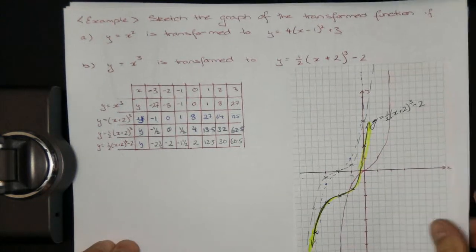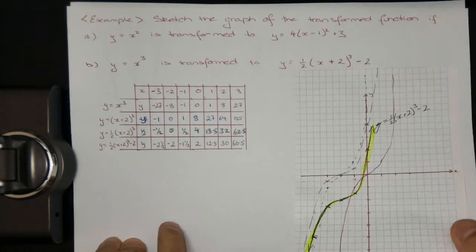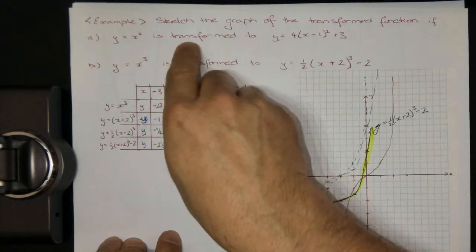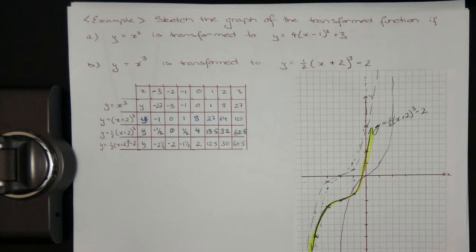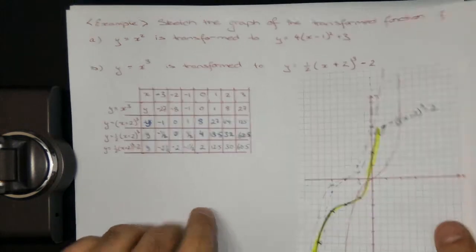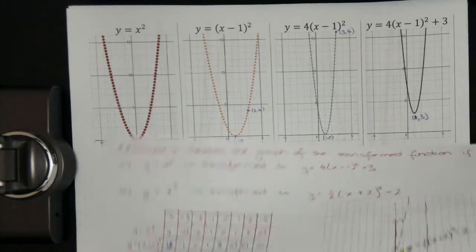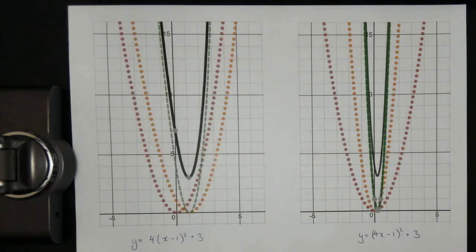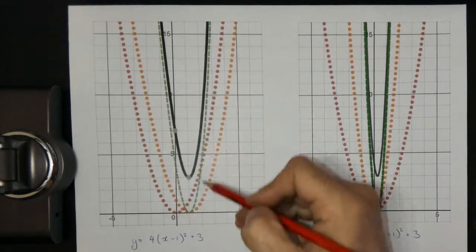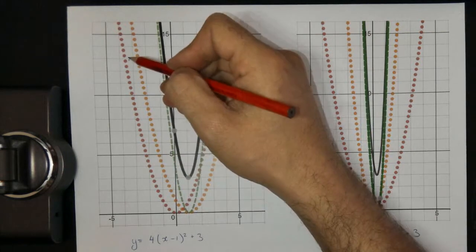Okay. So, thinking back to this y equals x squared and we transform it to 4(x minus 1) all squared plus 3, okay, and I showed you how we transformed it. I just want you to notice that this function here, okay, so there's my original parabola.